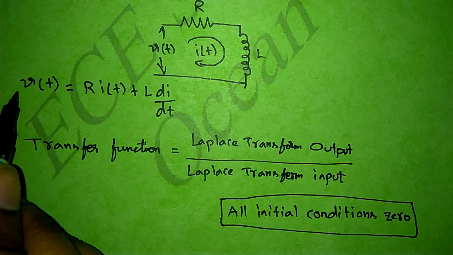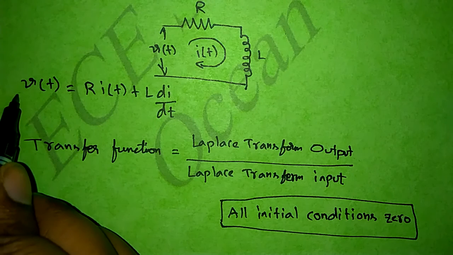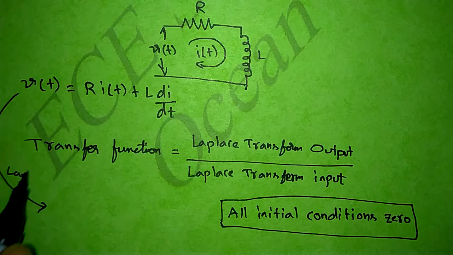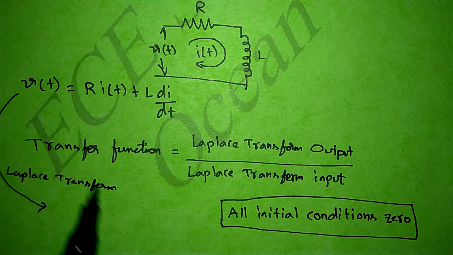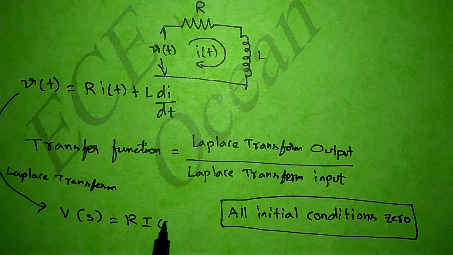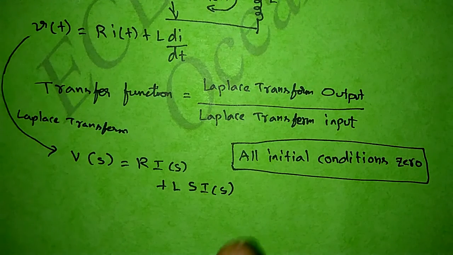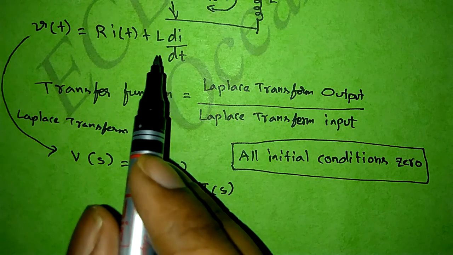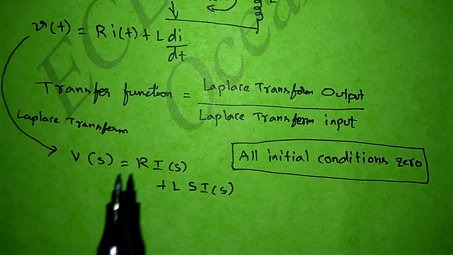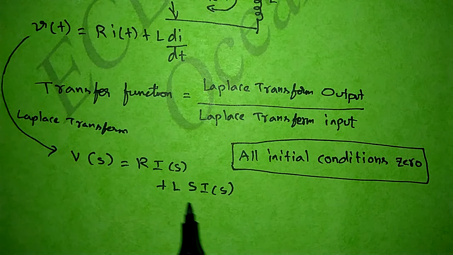By applying Laplace transform to this equation, it changes to: capital V of S equals R into capital I of S plus L into S capital I of S. Here we can observe the sentence all initial conditions 0. Why? Because for differentiation d by dt, the Laplace transform format is different. I neglected the initial conditions, that's why I wrote it like this.